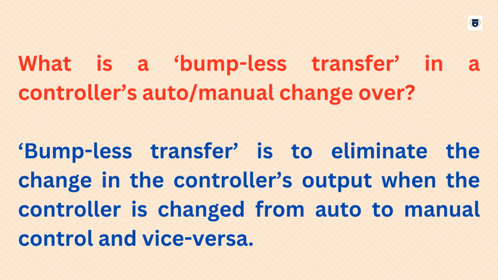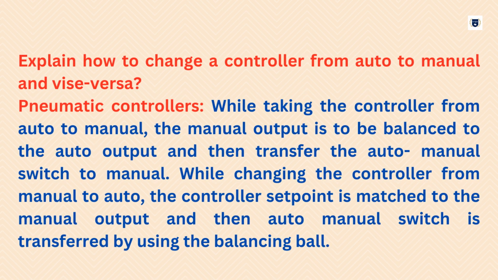What is a bumpless transfer in a controller's auto-manual changeover? Bumpless transfer is to eliminate the change in the controller's output when the controller is changed from auto to manual control and vice versa. Explain how to change a controller from auto to manual and vice versa.